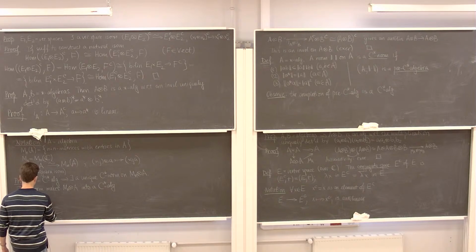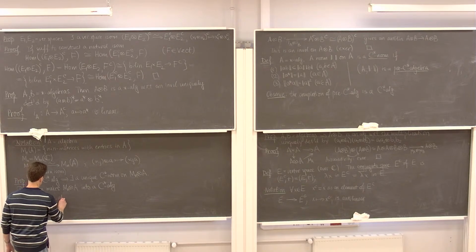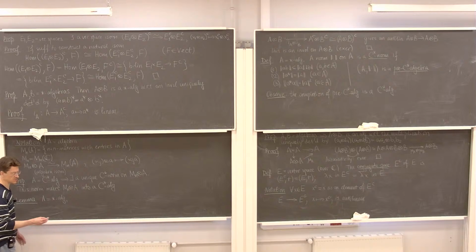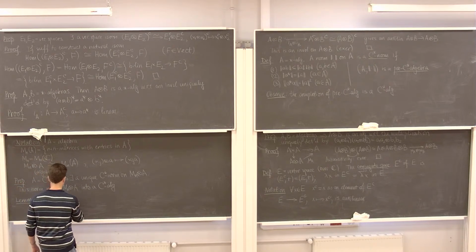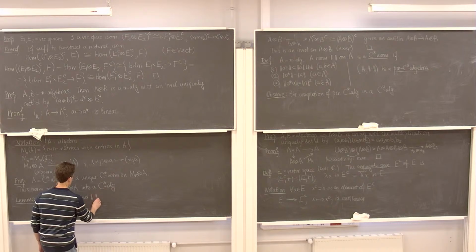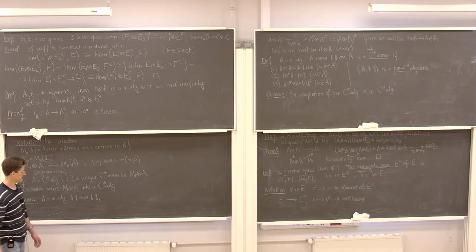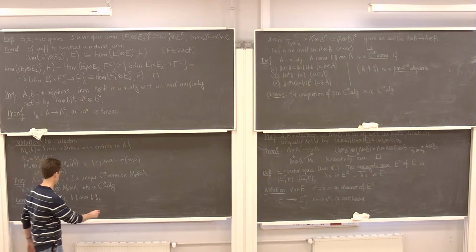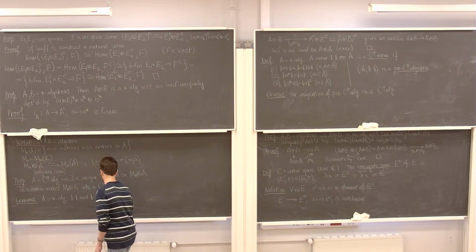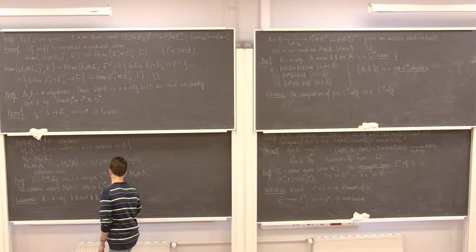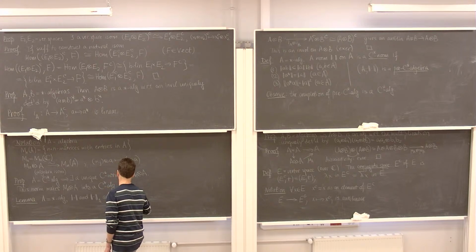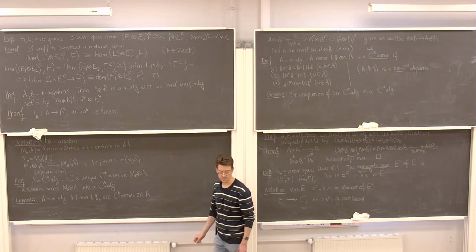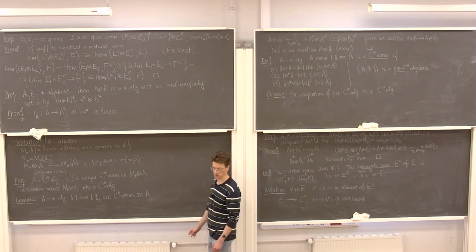So suppose that A is a star algebra, and suppose we have two C-star norms on A. And suppose that A is complete with respect to one of them.